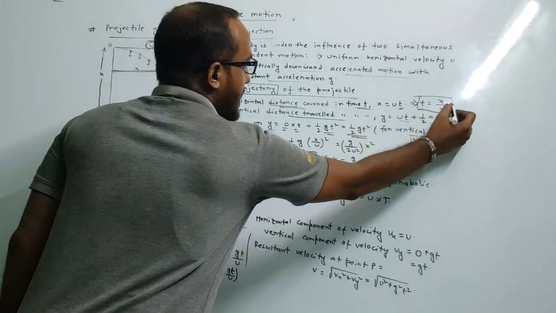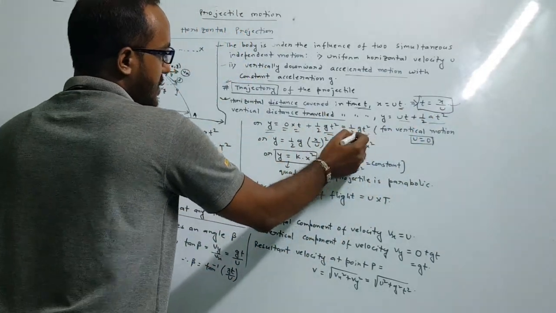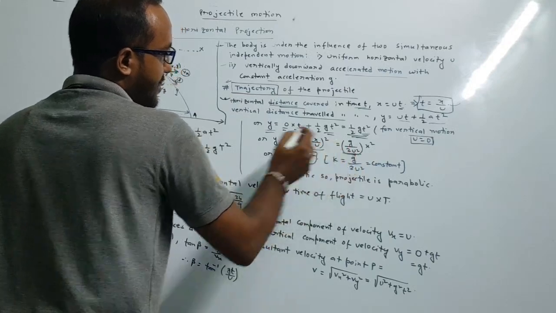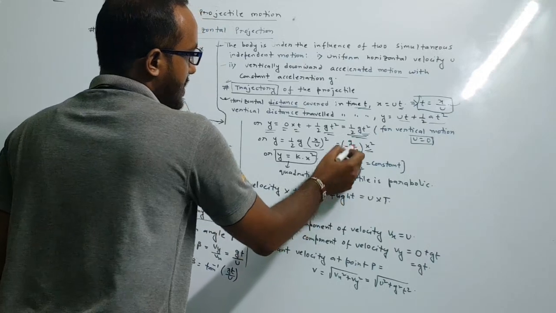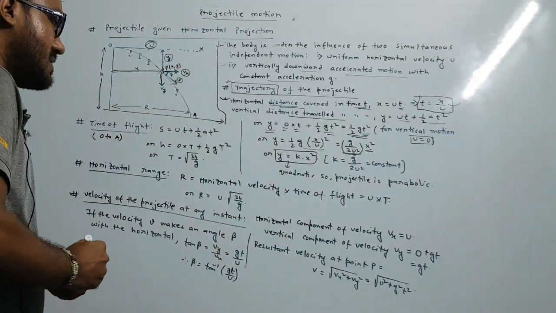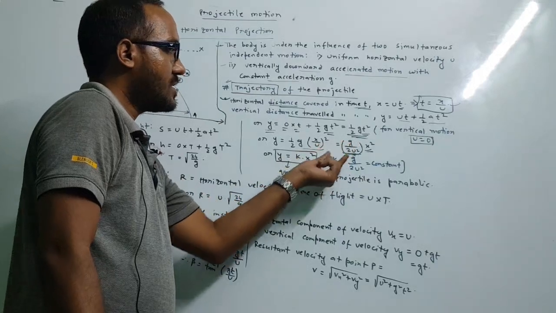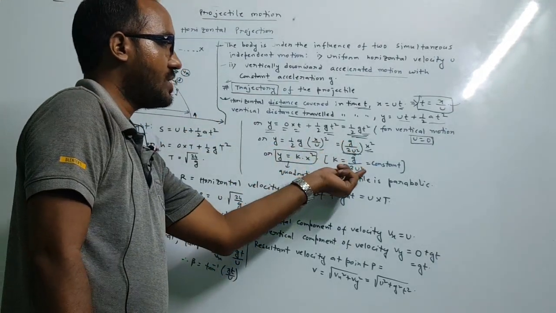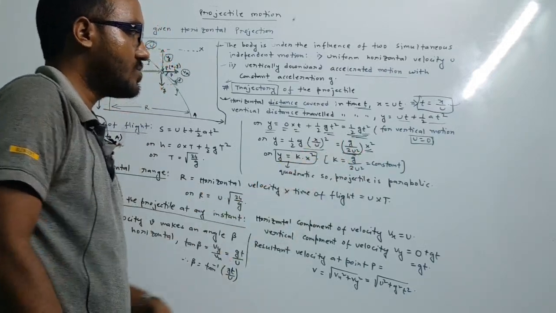Now put t equals x by u in this equation. So we get y equals g by 2, keep the things in one bracket, u square, and x square. Now see, g is the acceleration due to gravity, so g is constant, and u, the initial velocity, is constant, so g by 2u square is a constant term. We can take k in place of g by 2u square.